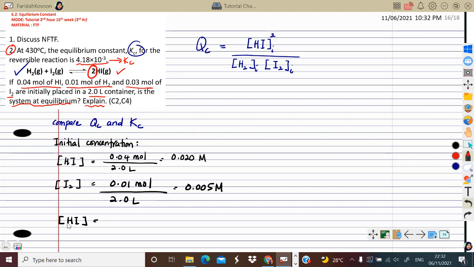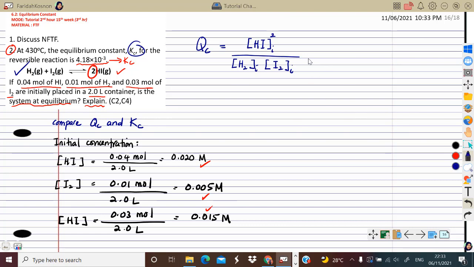Sebab kita akan power of 2 ke power of 3 ke ikut stoichiometric coefficient hanya pada Qc or Kc expression. Okay, jadi yang ni kira macam biasa. So, this one is 0.03 mole divided by 2.0 liter. So, you will get 0.015 molar.